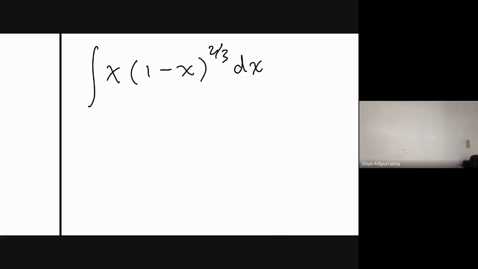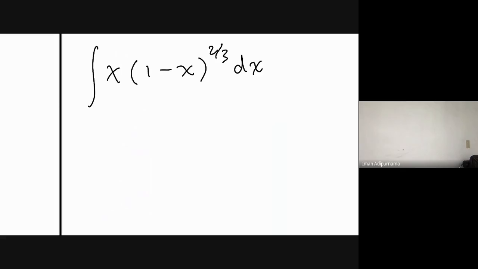Basically, anytime you have x, the first degree, and this is also first degree, you can have this 1 minus x inside the square root with any power, maybe 2/3, 1/4, any root power.